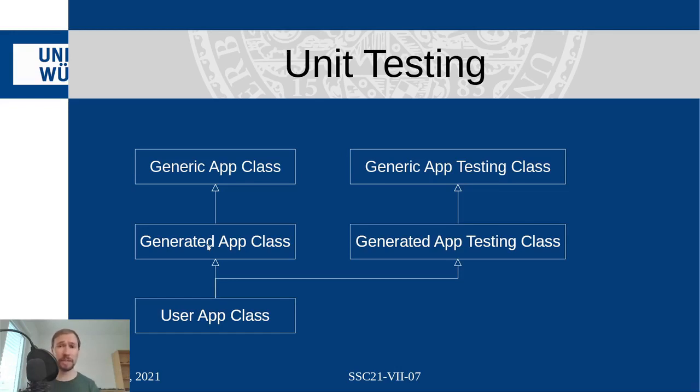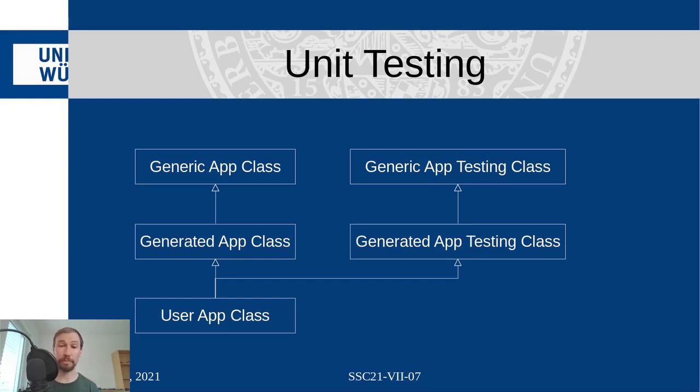But those unit testing classes provide ways to receive information about the direction of the user code. So if the user code emits telemetry data, if it emits topic data, and so on. And these all information can then be used by the test code in order to test the behavior of the user code.